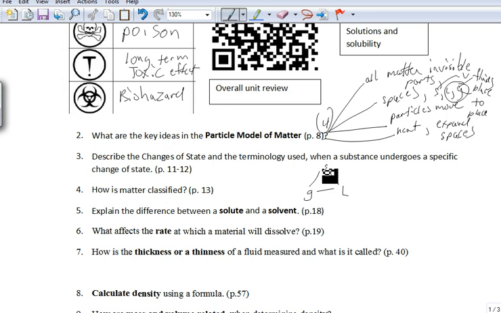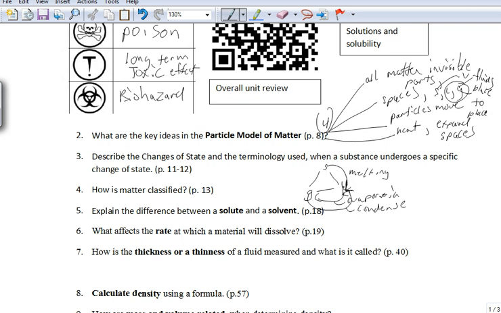So to go from a solid up to a liquid, you should know what that's called. That's called melting or fusion. To go from a liquid to a gas is called evaporating or evaporation. And to go down from a gas to a liquid, we call that condensing or condensation.